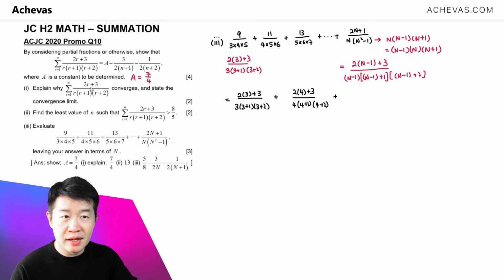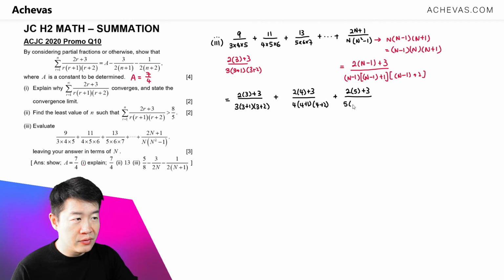Then plus, letting r be equal to 5, it is going to be 2 times 5 plus 3, so 10 plus 3 is 13, divided by 5 plus 1, 5 plus 2. So 5, 6, 7. And replacing r by n minus 1, this is what I'm going to rewrite it as.